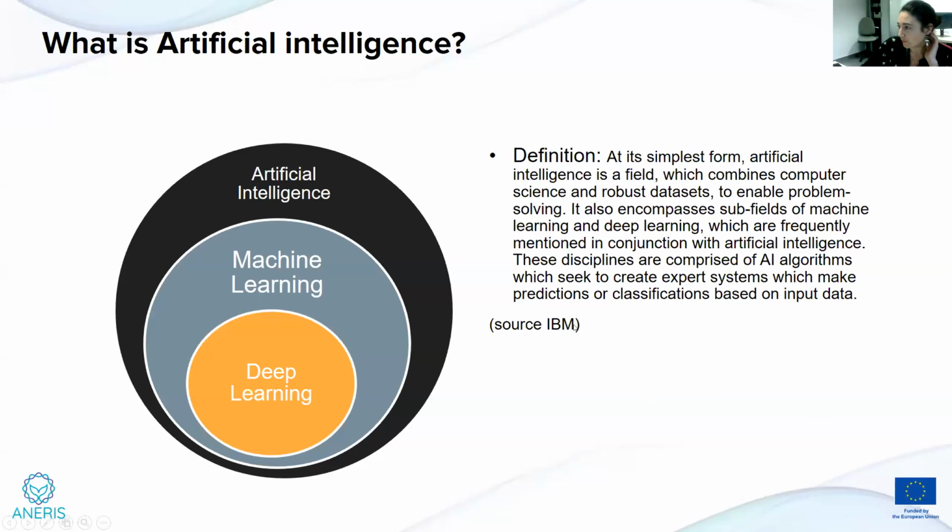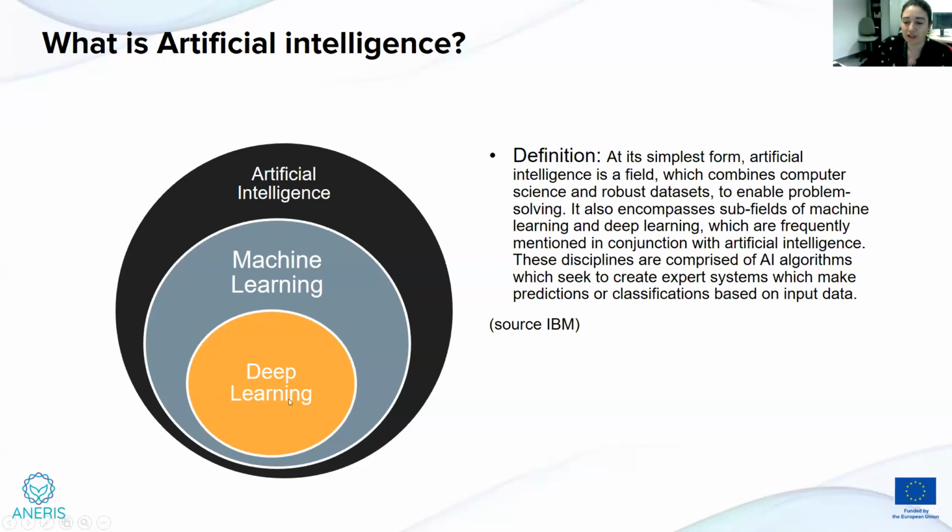I took the one from IBM, but basically it's really using computer science and data sets in order to solve problems that you would normally do as a human, but letting the computer solve the problem for you, so taking a decision maybe for you. And inside artificial intelligence, most of the people working with computers are doing artificial intelligence. And then inside this big field, there is machine learning and there is deep learning.